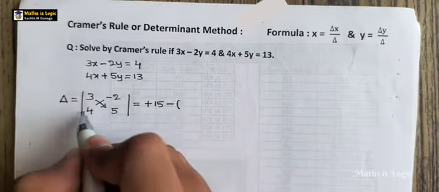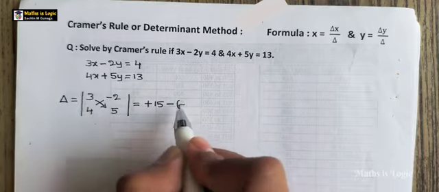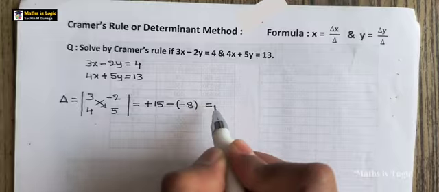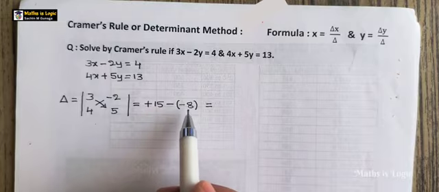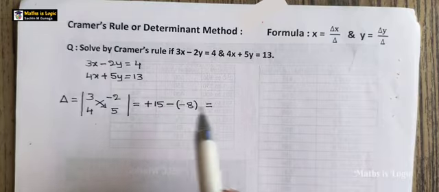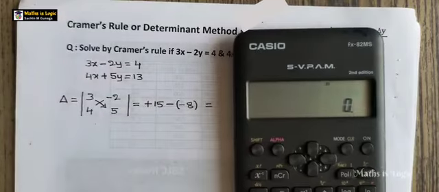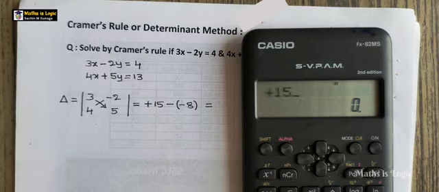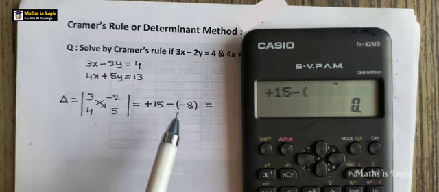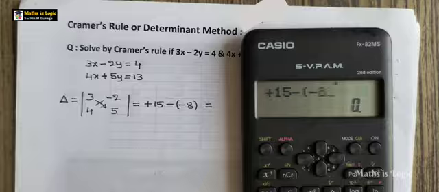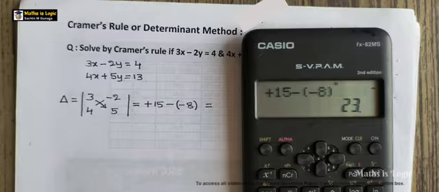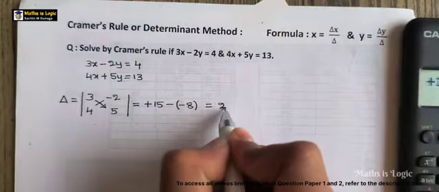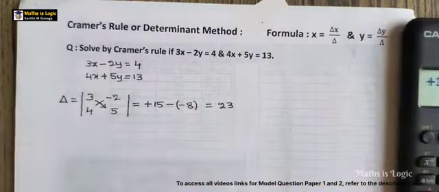Again in bracket, plus into minus is minus, 4 into 2 is 8. Using the calculator, plus 15 minus of minus 8 is 23. So this is the value of delta.